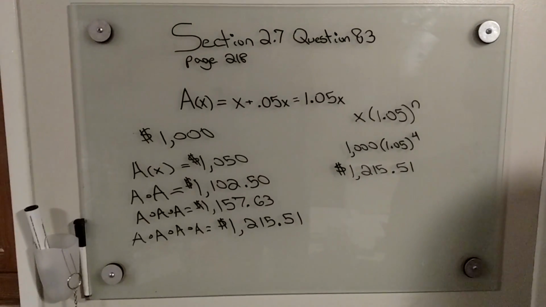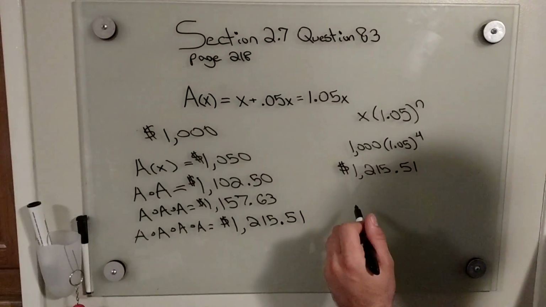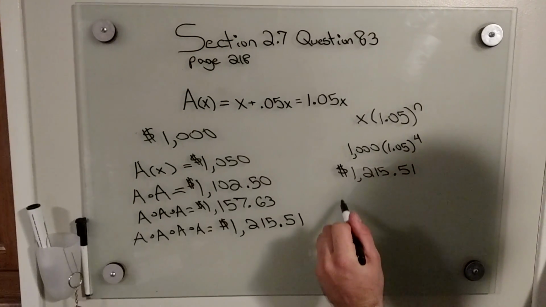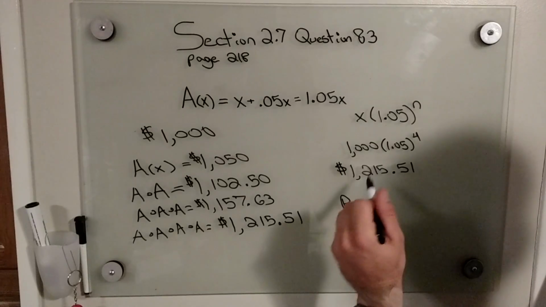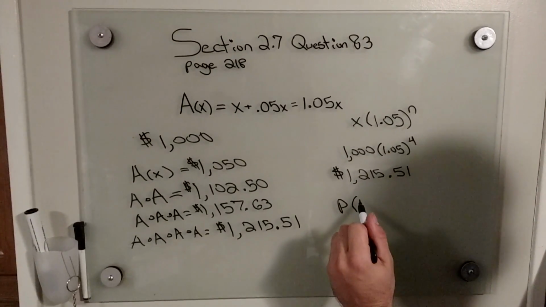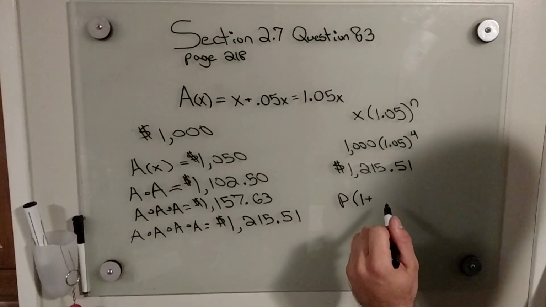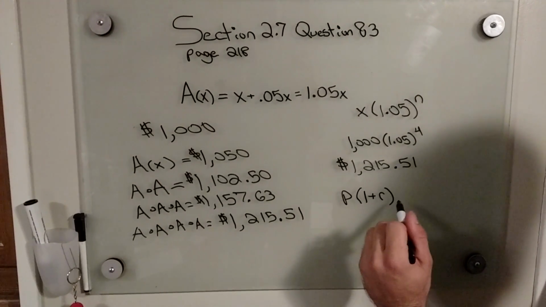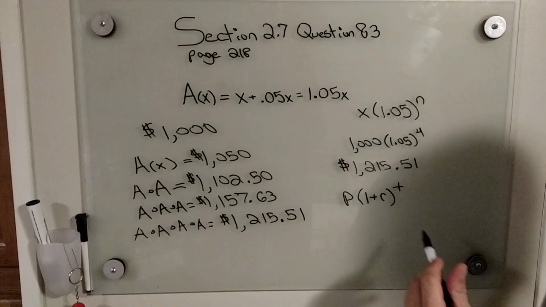And this is very close to the actual compound interest formula, where you have your principal. In this particular instance, it would be your principal times 1 plus our rate times the number of years.